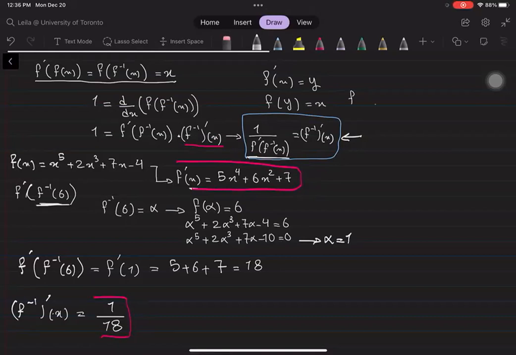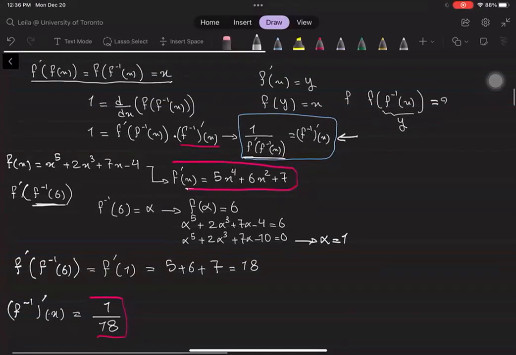Since here you have f inverse of x, assuming this is equal to y, you basically take f of y, and you're going to get your x. Okay, thank you.